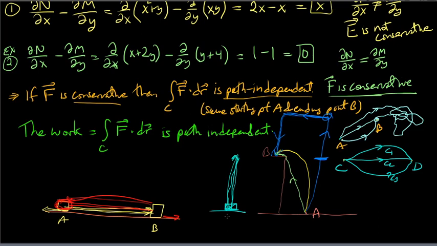So for conservative forces, if you end up at the same place, your total work done is zero. If you calculate the work done over a closed path, a closed curve, then the net work done, the total work done, should be zero.